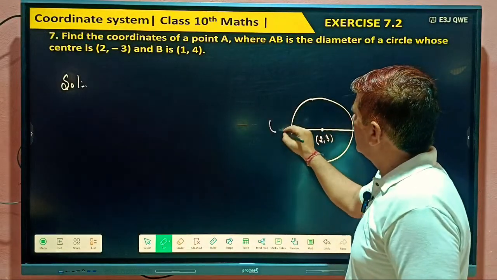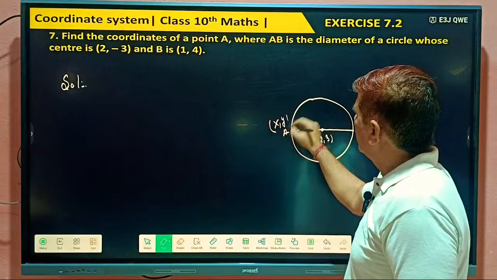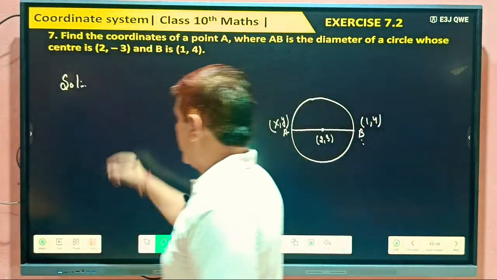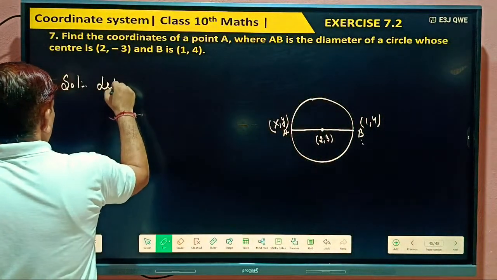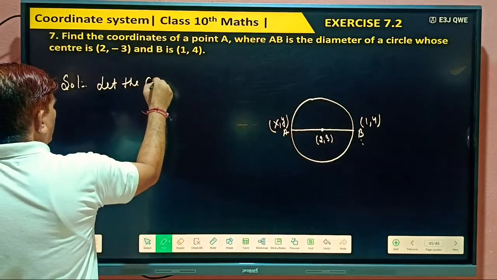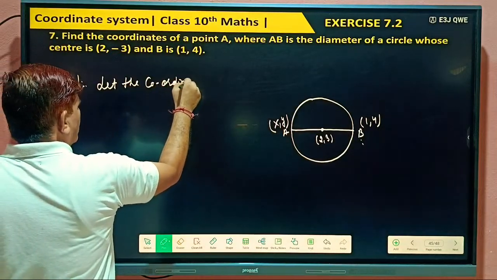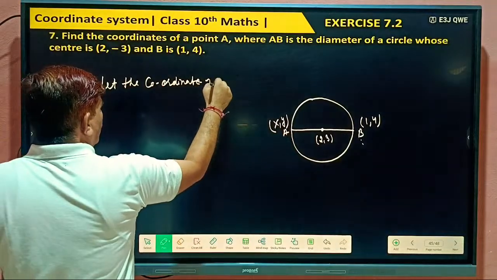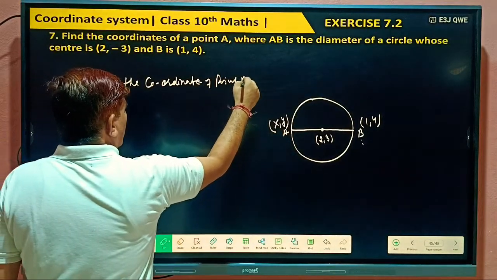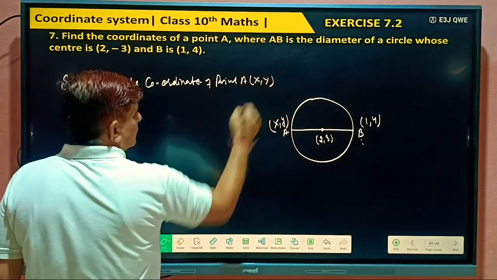So what we can say these are? X and Y. Let the coordinates of point A be x and y.